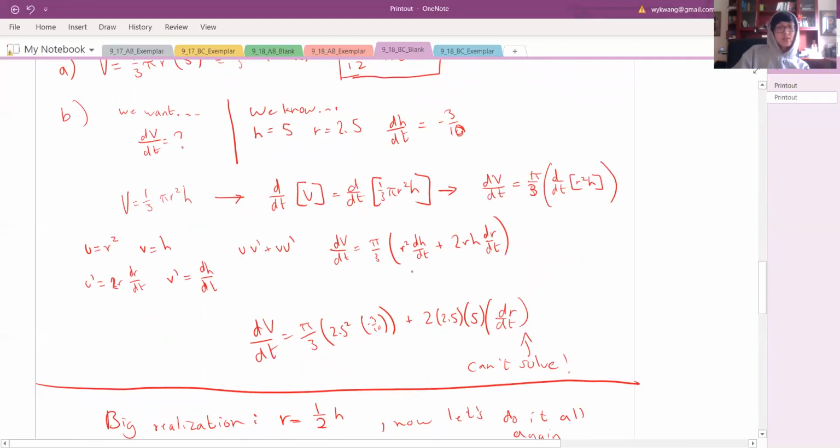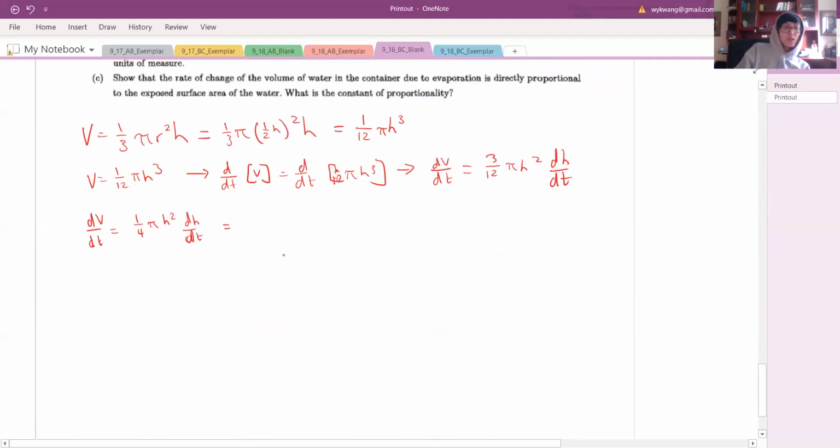We're given h here, 5, and we're given dh over dt is -3 over 10. So that is equal to 1/4 pi of 5 squared of -3 over 10, which is 25 over 4 pi times -3 over 10.